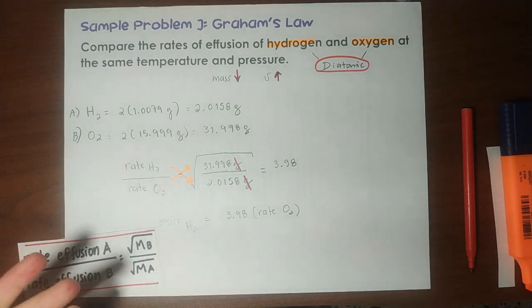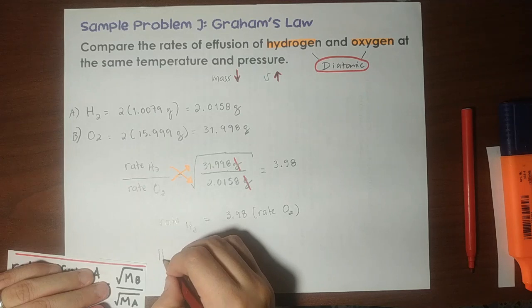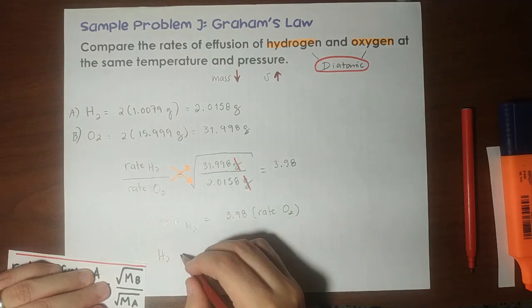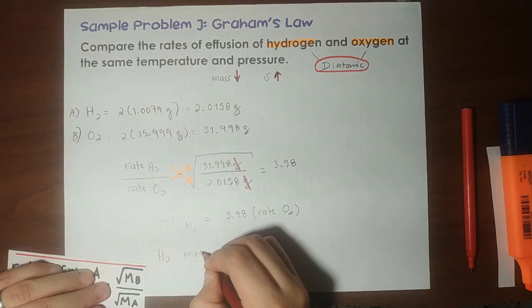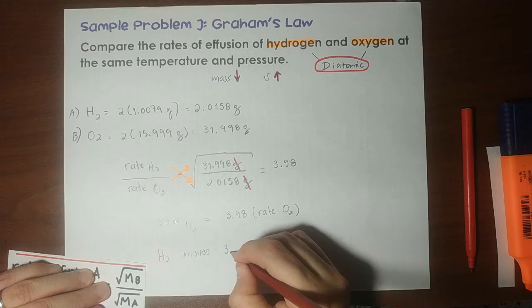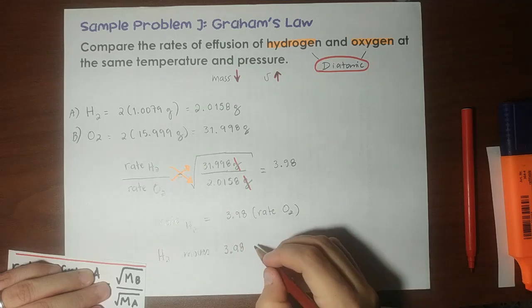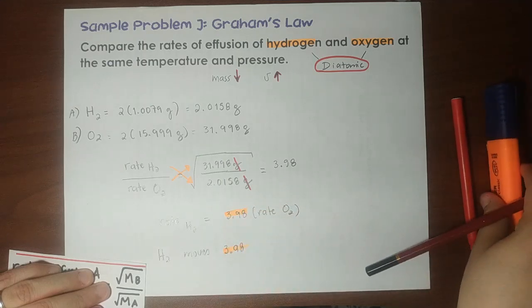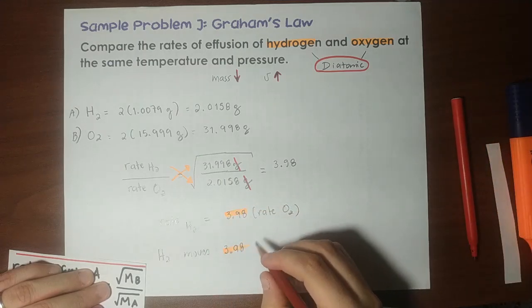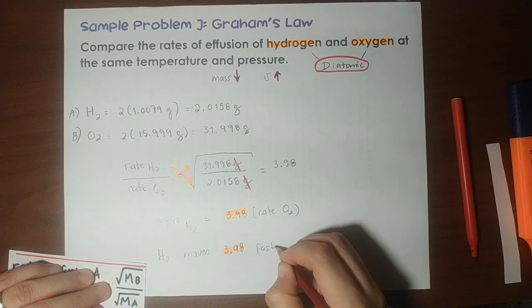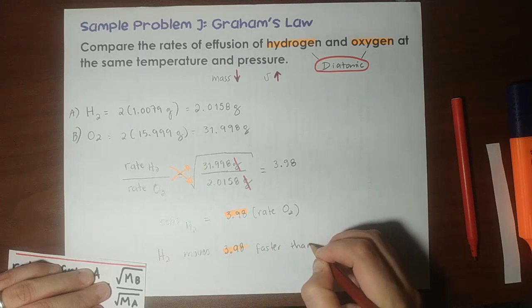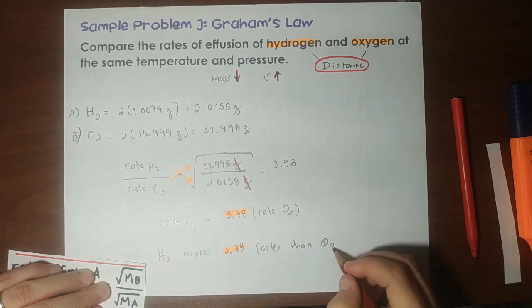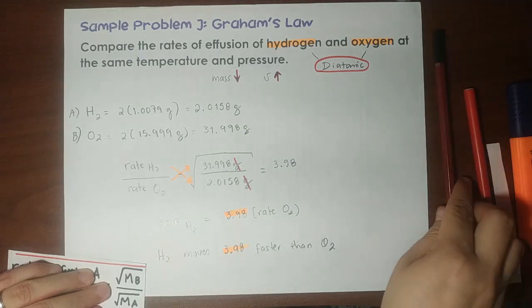What does it mean? That hydrogen moves 3.98, we can round it to 4 if you want, times faster than oxygen. And voila, that's it.